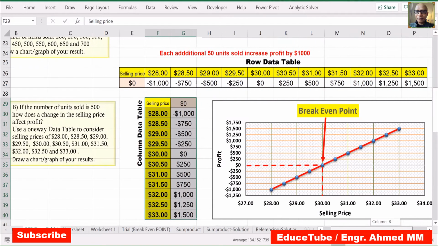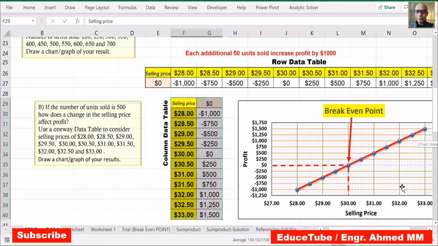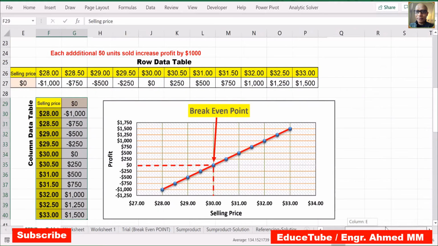So if we do the graph, plotting the graph, what does it say? So graph is here, and it is also x-axis, selling price. Profit is on y-axis, and the relationship is linear. So this is a straight line, and this is the break-even point because we have seen against profit 0, it was $30 selling price.